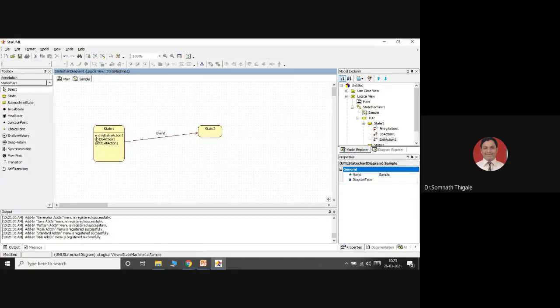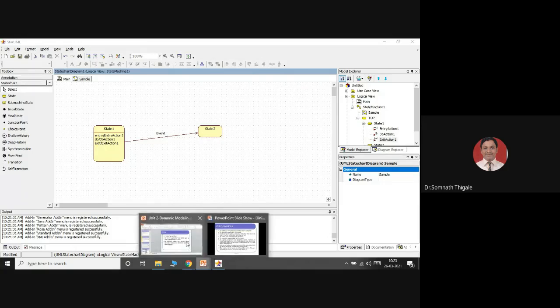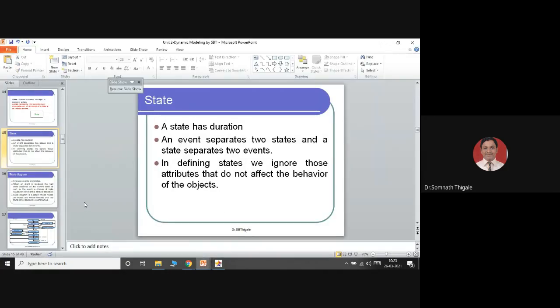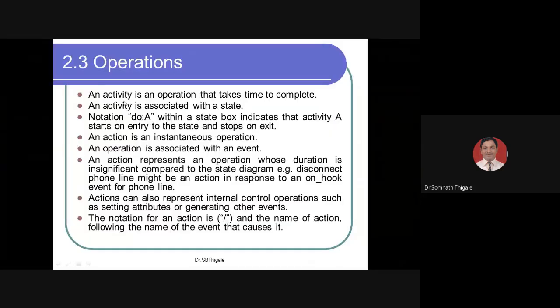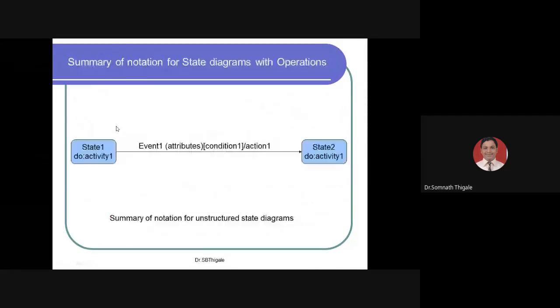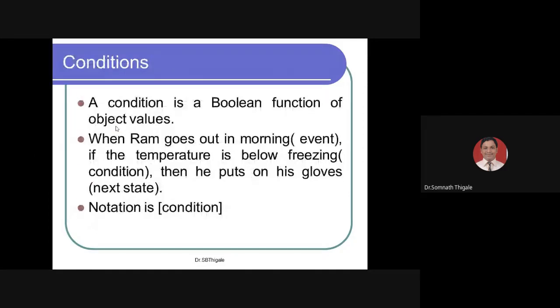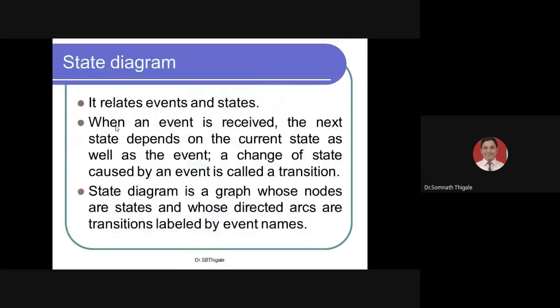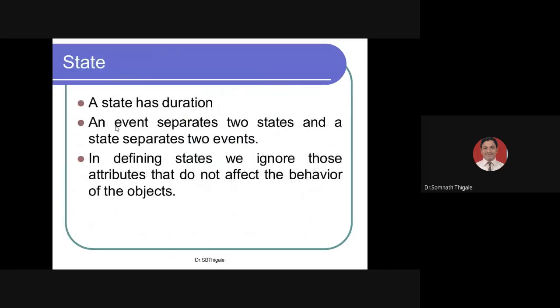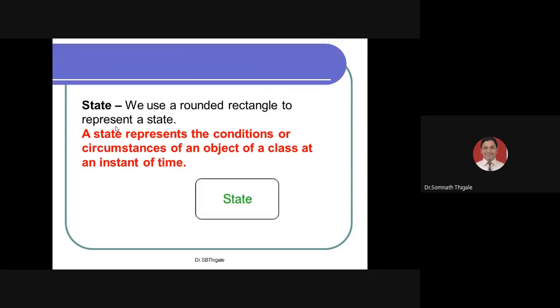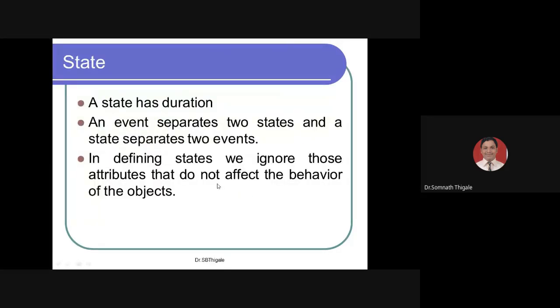See, entry backslash entry action, do action. You can easily represent it over here. This is what we call a rounded rectangle. Yes, a rounded rectangle is also there.